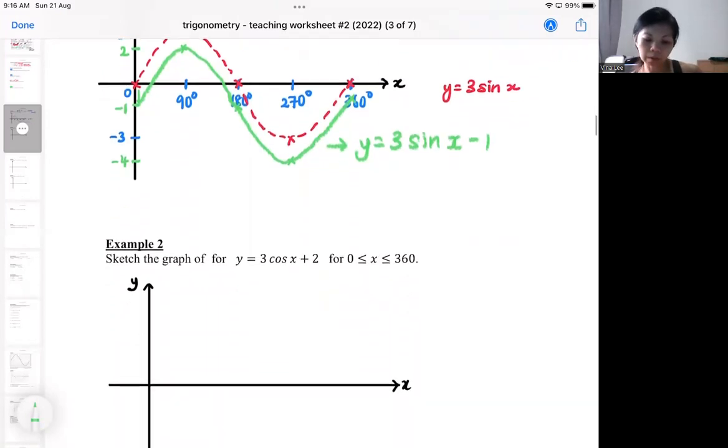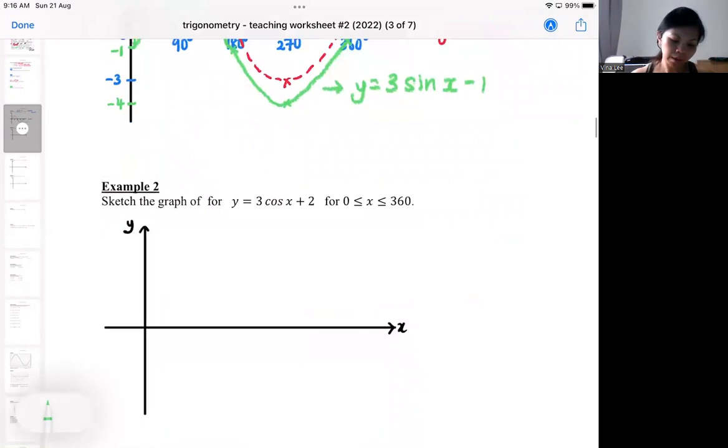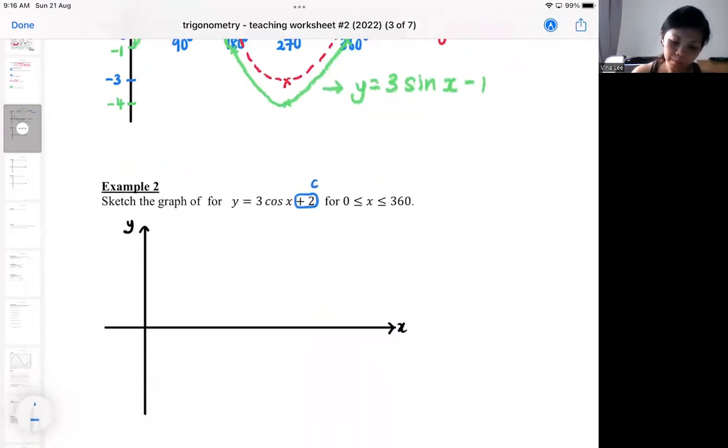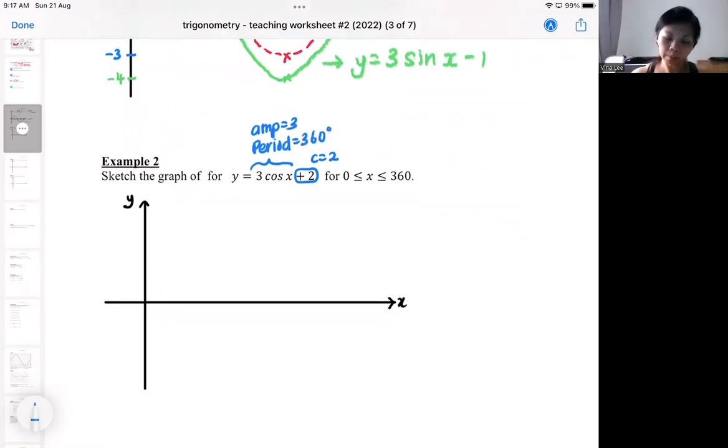So the next one is a cosine graph. Okay, there is a shifting up. So from here, that will be an amplitude of 3, and the period is 360. So again, I'm going to do the same thing.